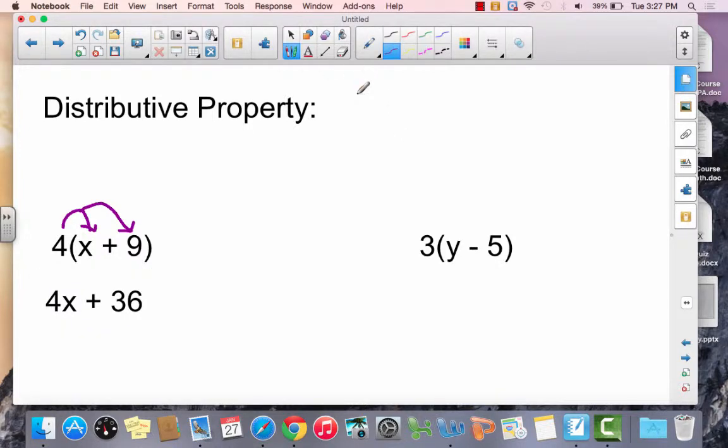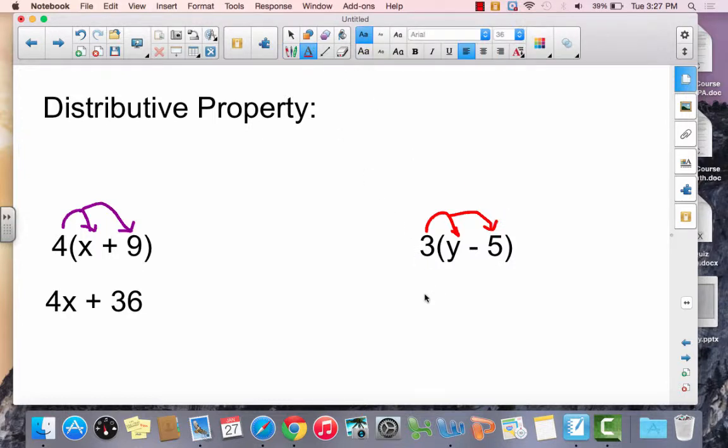In our second example, I would take the 3 and multiply it by the y, and then multiply it by the 5. My new simplified expression, 3 times y would give me 3y, and 3 times 5 would give me 15.